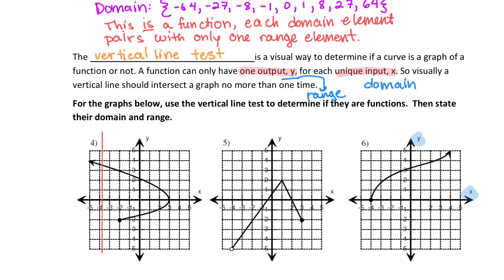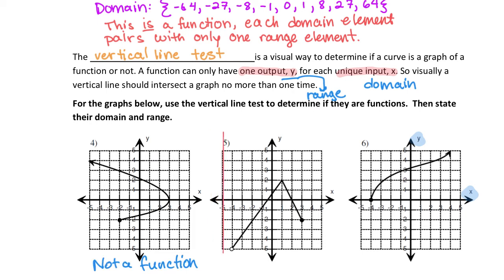But when I drag it further down, you can see that right here, and in several other places as well, it intersects my graph right here, and it intersects it right here down there as well. And this happens over and over again. So if my vertical line intersects my graph in more than one place, this one is not a function.